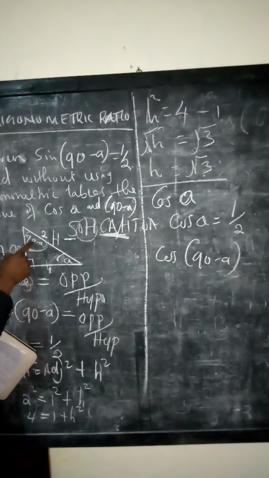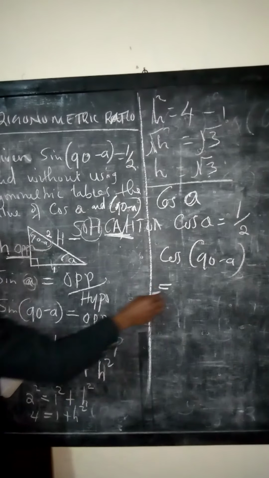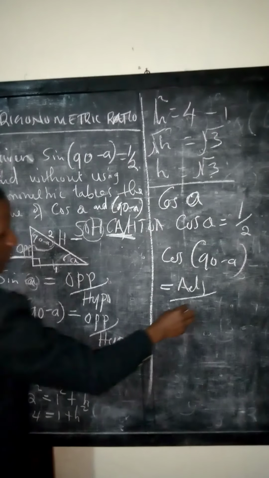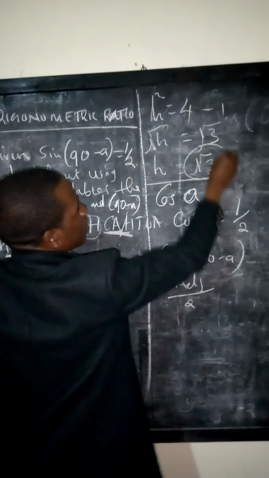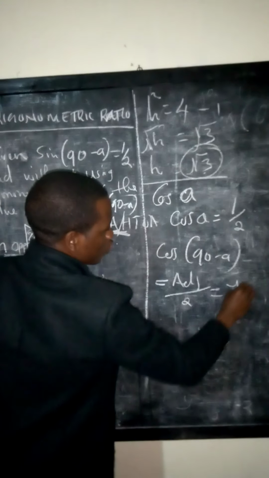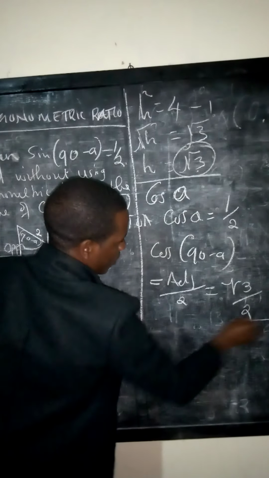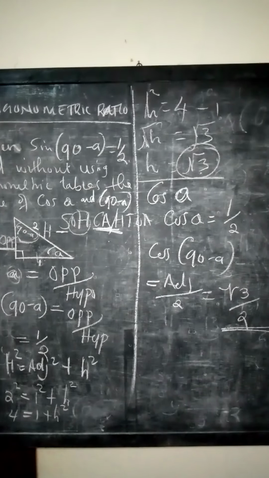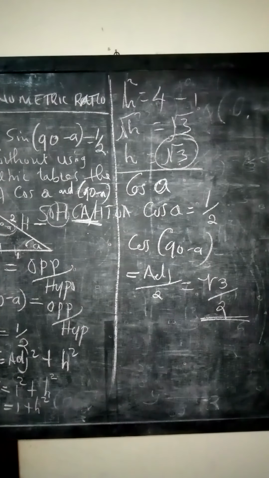It will be equal to adjacent over hypotenuse, which is 2, and our adjacent we found from our calculation is the square root of 3, divided by 2. This is our cos(90 minus A). That's our first example.